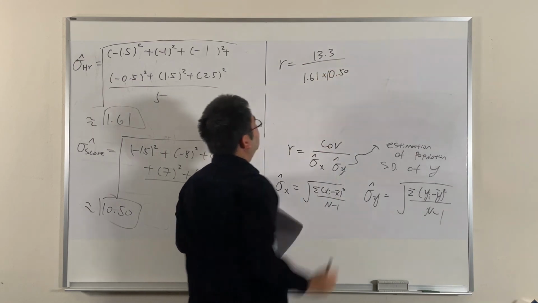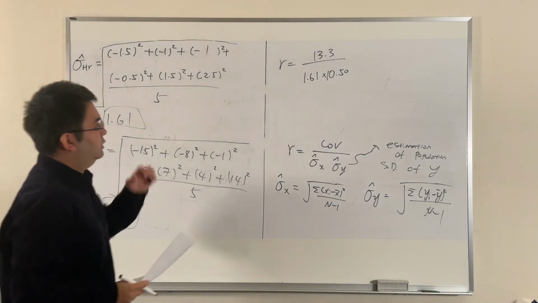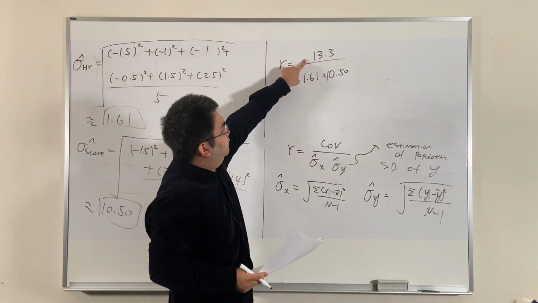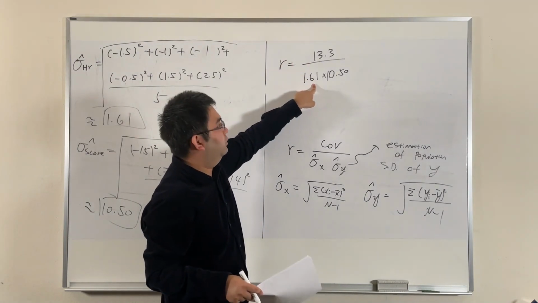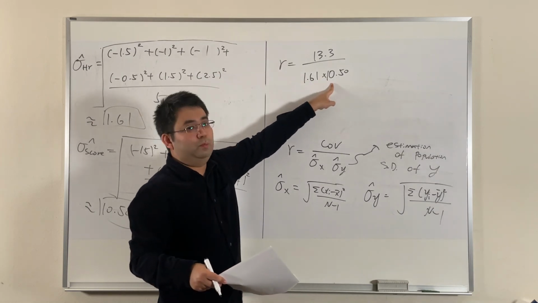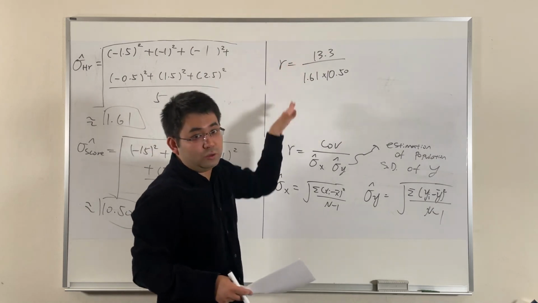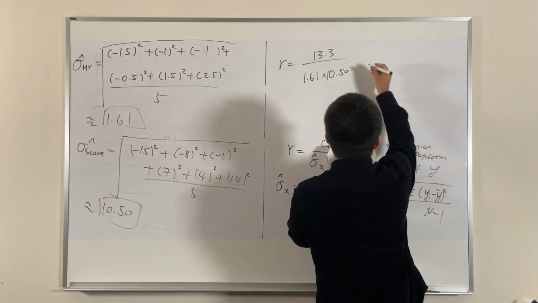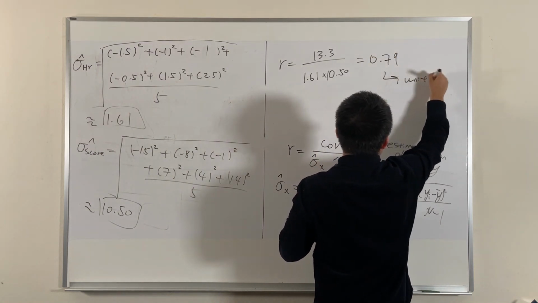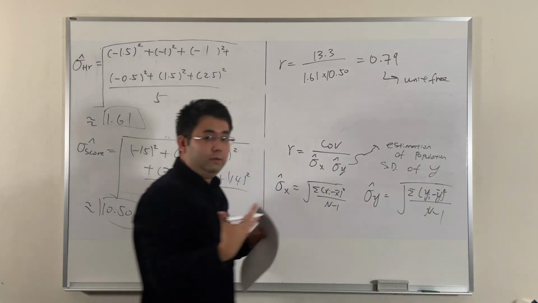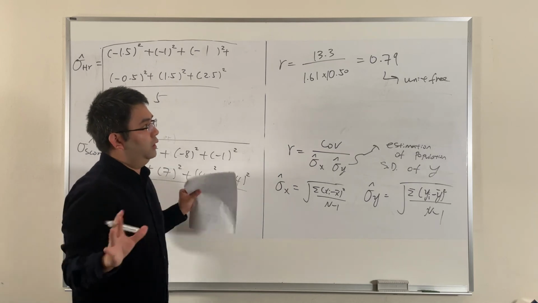One thing I want to mention is the unit for this one is hours and this unit is points, right? So the units here and the units here cancel out. So this equals 0.79, and this is unit free. There's no unit for this value. So that's good, we got rid of the unit problem we had.